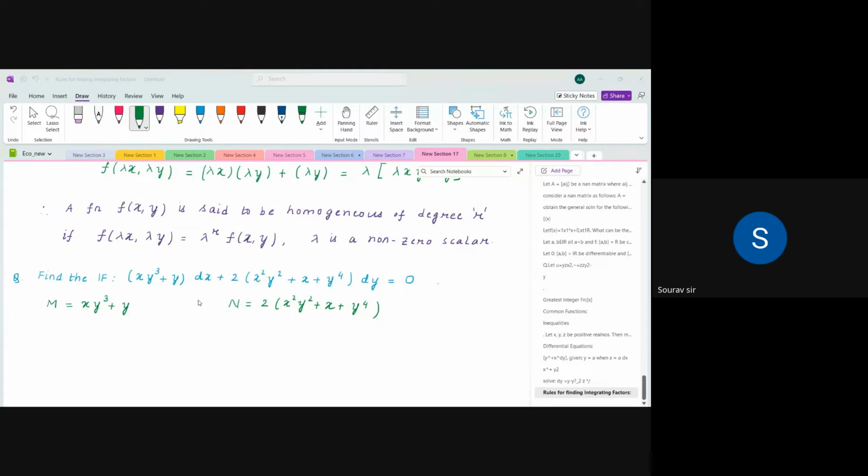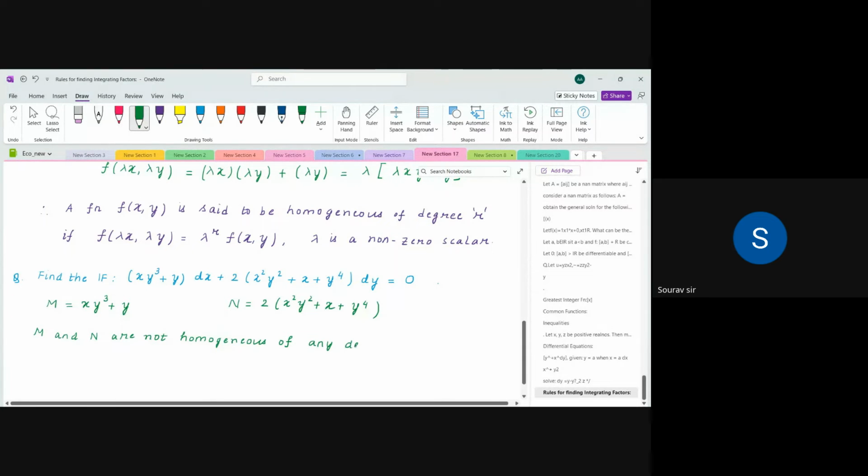So that means we cannot apply the first property straightforward. M and N are non-homogeneous of any degree, right? So the first property is discarded.